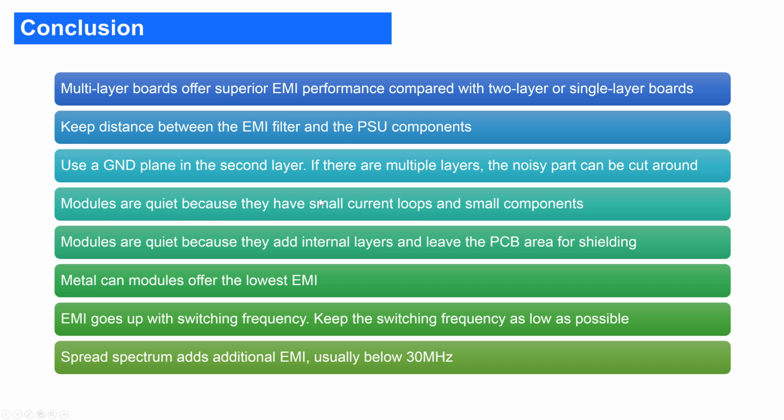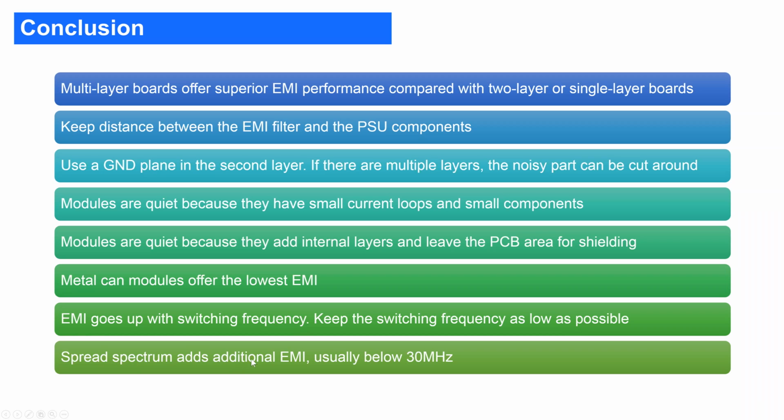Modules are quiet because they have small current loops, small components, and you get 3 added layers with them. And they have internal layers, as I said. Metal can modules offer the lowest EMI because they give you the additional shielding of the metal can. And EMI goes up with switching frequency, so keep the switching frequency as low as practical.